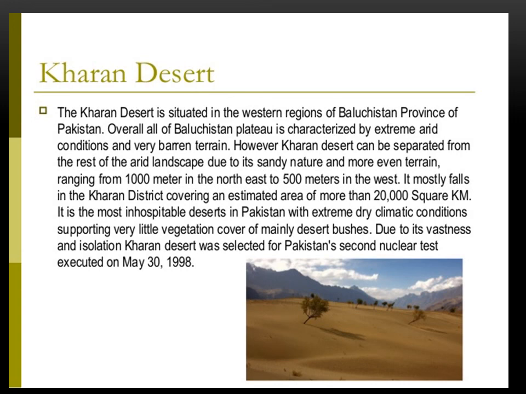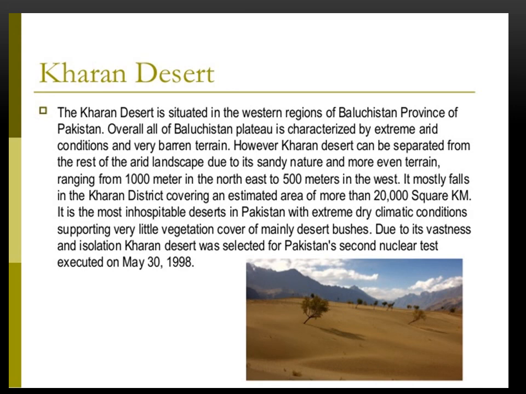However, Kharan Desert can be separated from the rest of the arid landscape due to its sandy nature and more even terrain. Even means a bit flat, ranging from 1,000 meters in the northeast to 500 meters in the west. It mostly falls in the Kharan district, covering an estimated area of more than 20,000 square kilometers.